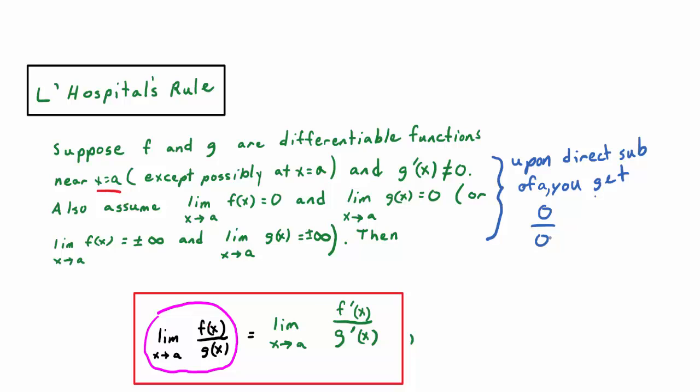This might be the first time you've heard that. It's indeterminate. Or plus or minus infinity, one or the other, over plus or minus infinity. These are called indeterminate forms, and they're the right indeterminate forms to apply L'Hopital's rule.